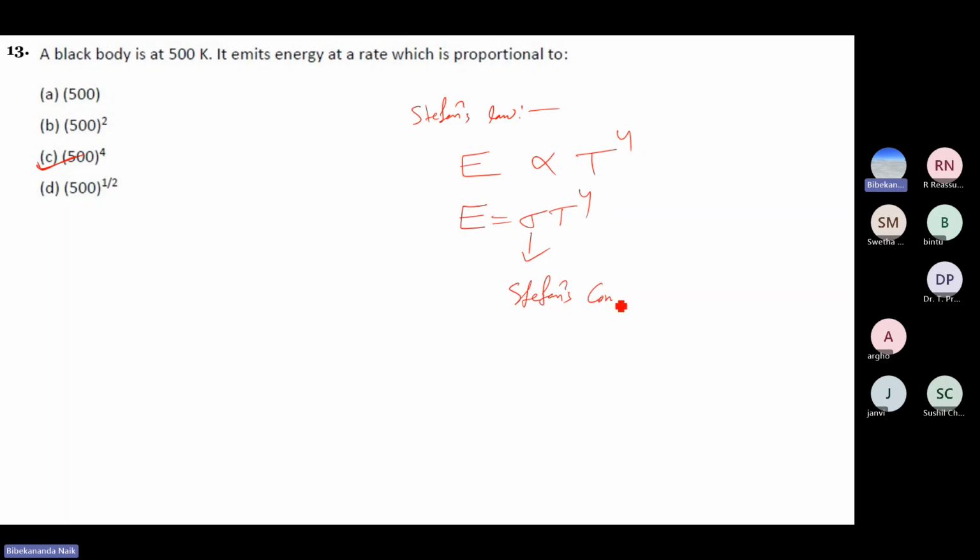Stefan's constant. And can anyone tell me what is the value of this Stefan's constant? And what will be the unit?